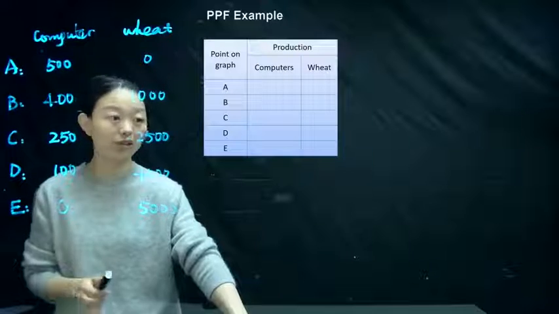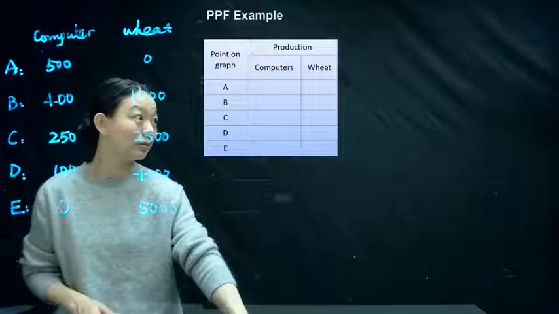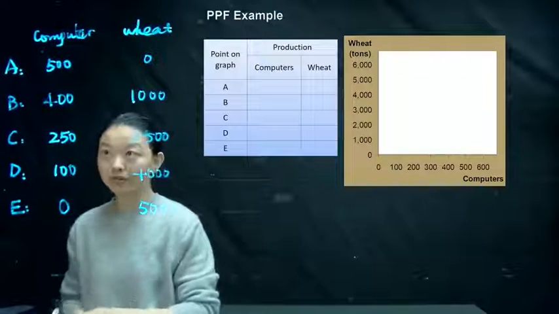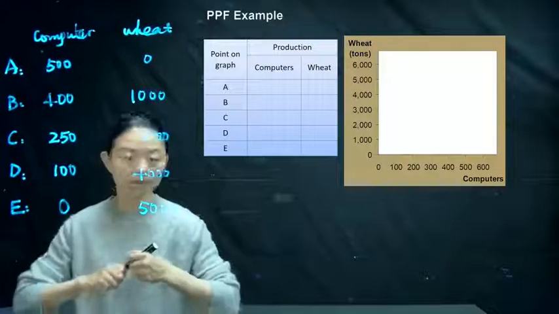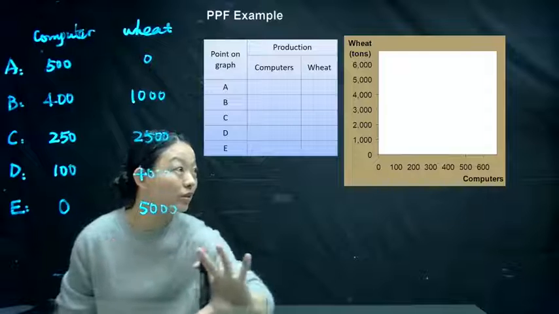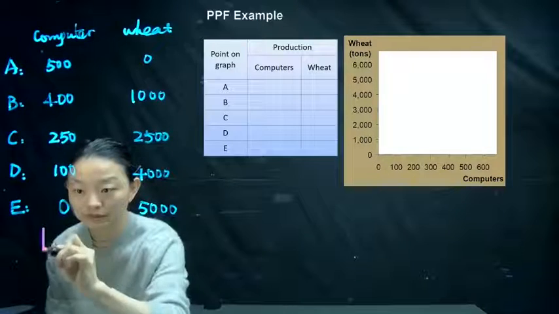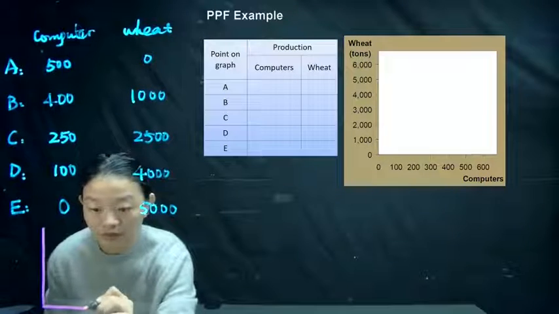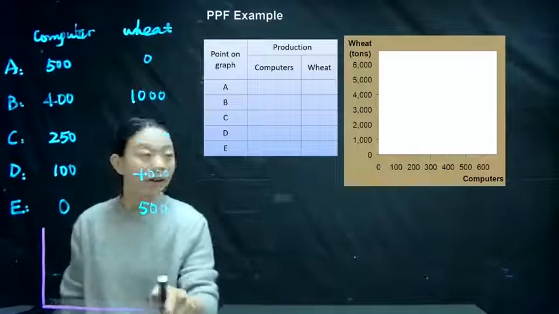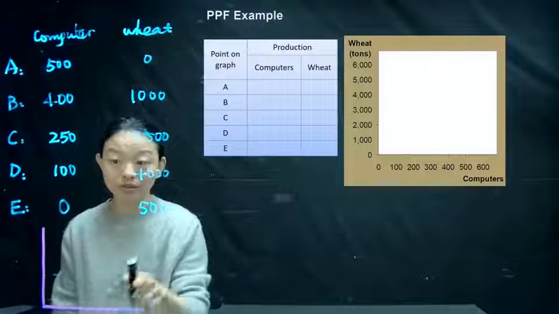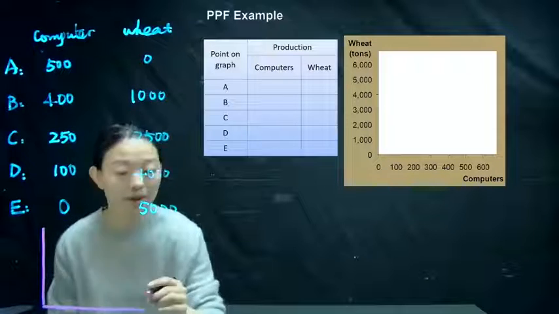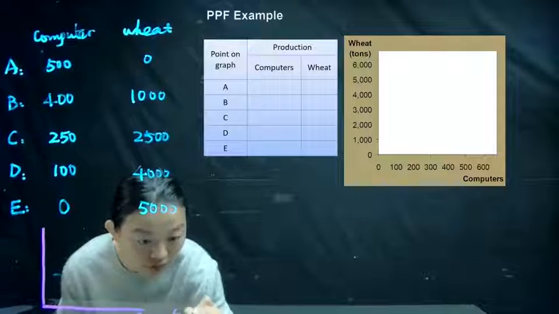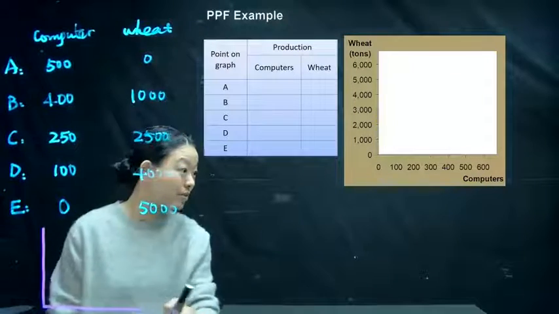Now, how can we draw a graph based on this table? So here, what you need to do, I will draw a graph here, okay? In this two-dimensional graph, I can put the computers on the horizontal axis, okay?